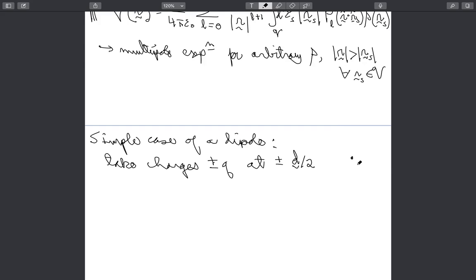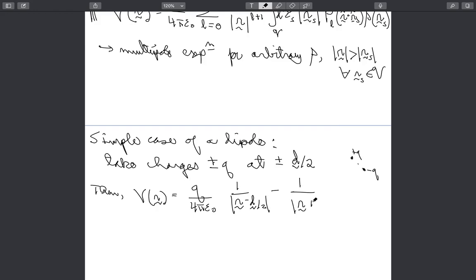So this is plus q, minus q, and this vector here is just d. The origin is here, plus or minus d over 2. In that case, my V of r is just going to be the sum of the two point source potentials that I already know: 1 over |r minus d over 2|, minus 1 over |r plus d over 2|.